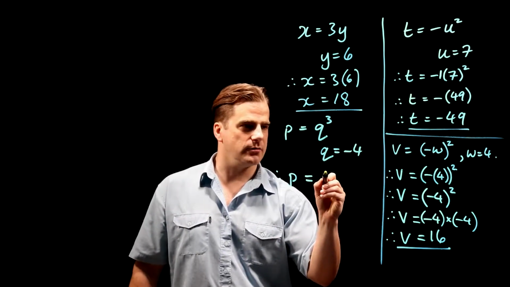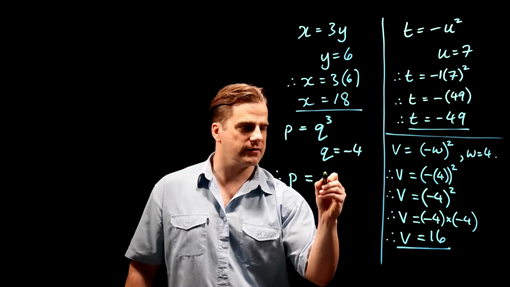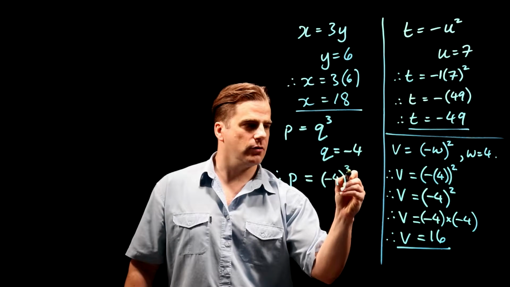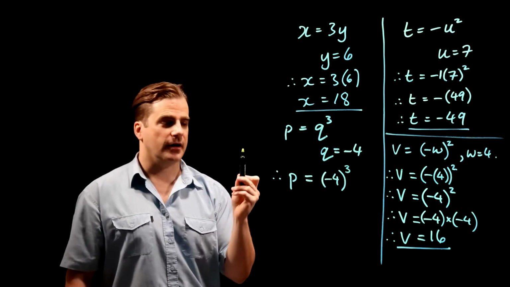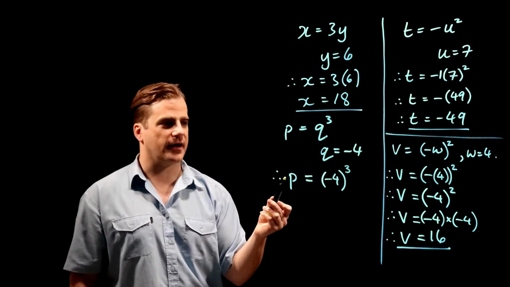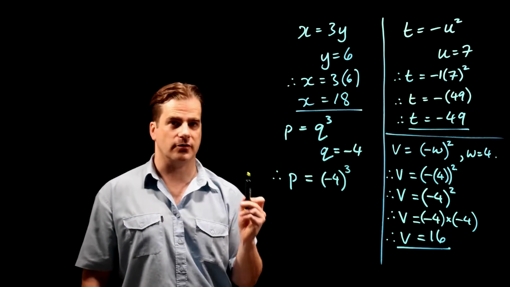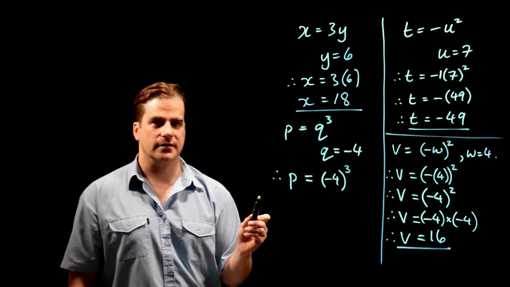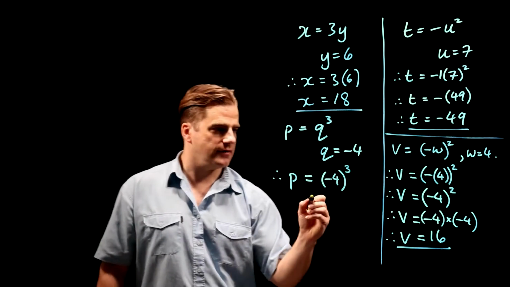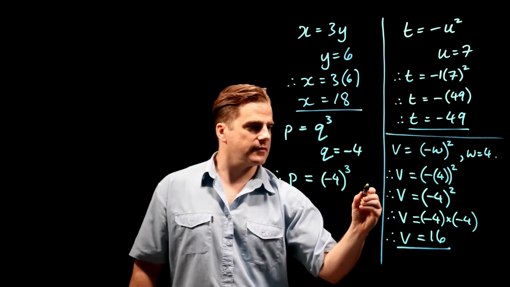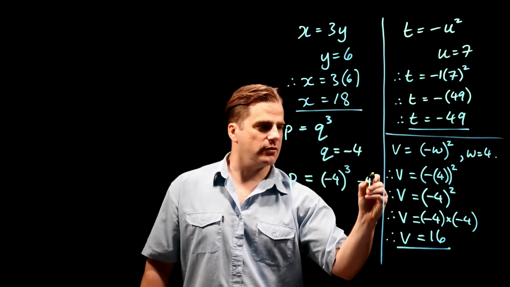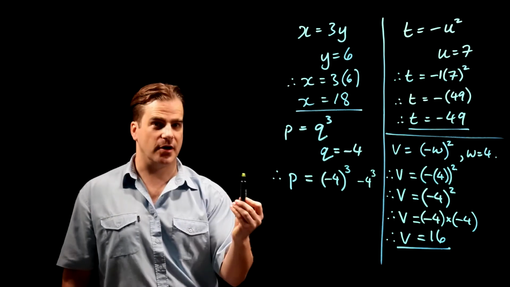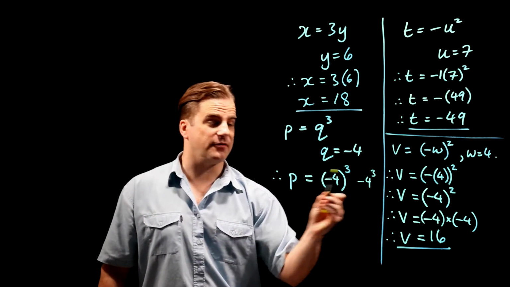q cubed, and q is minus 4, so it's minus 4 all cubed. And this is why, I know I keep banging on about always use brackets when subbing in, but this is exactly why you should do that. Okay, if you didn't use brackets, you might write this, minus 4 cubed. And exactly because of BIDMAS, these two things are different.